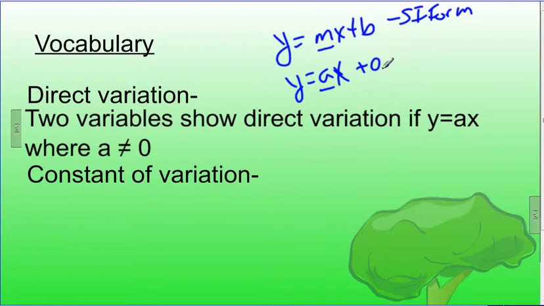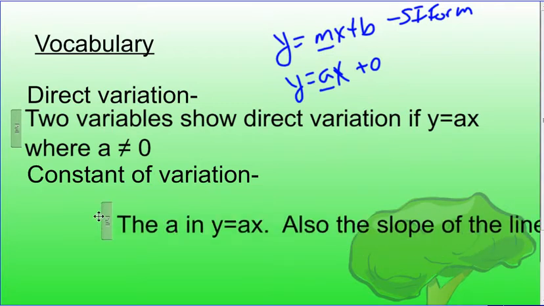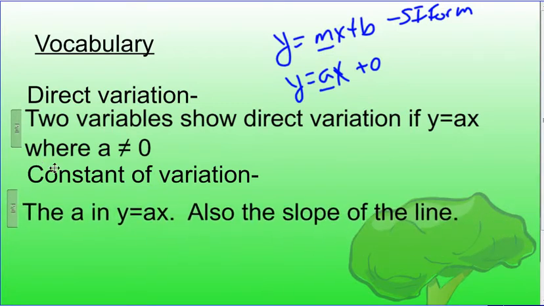So this always goes through the origin. And this constant of variation, in this formula, it is the a. In this case, it's our slope. M, A, same thing. It's the slope of the line.